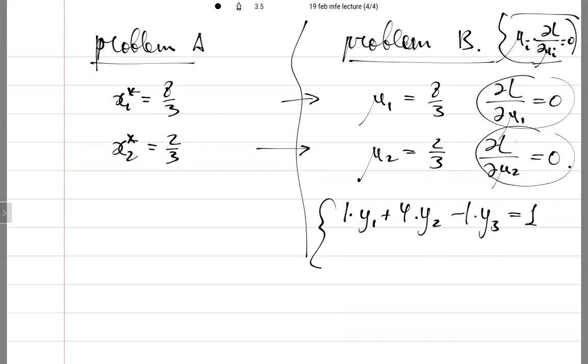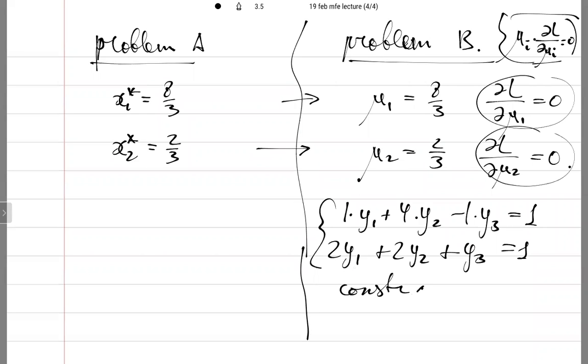And the second equality is 2y1 plus 2y2 plus y3 is 1, because if dl d mu is 0, that means constraint number 1 is active and constraint number 2 is active.